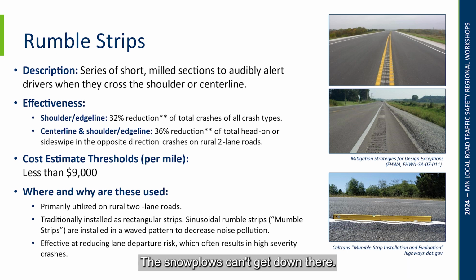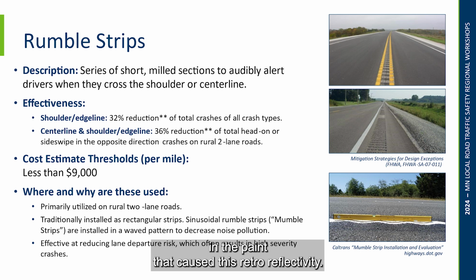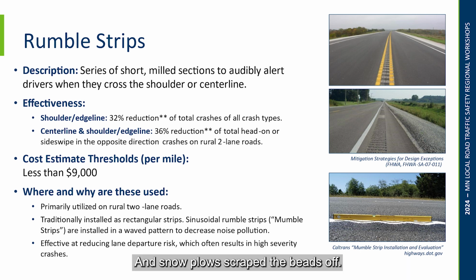The snowplows can't get down there. And what causes these lines, center or edge lines, to be reflective at night is actually glass beads that are embedded in the paint that cause this retroreflectivity, and snowplows scrape the beads off.